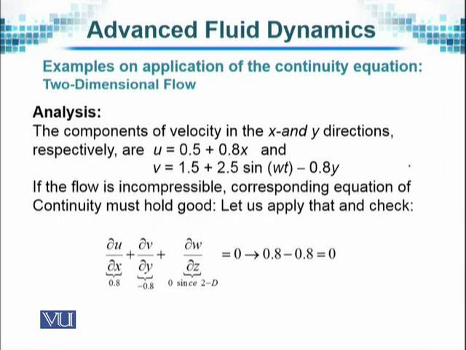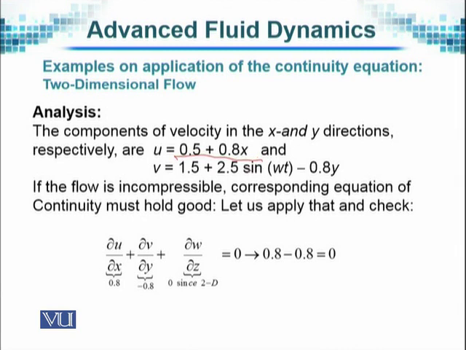So let's see. The components are given, as I have already stated. U is 0.5 plus 0.8x and V is 1.5 plus 2.5 into sine omega t minus 0.8y.